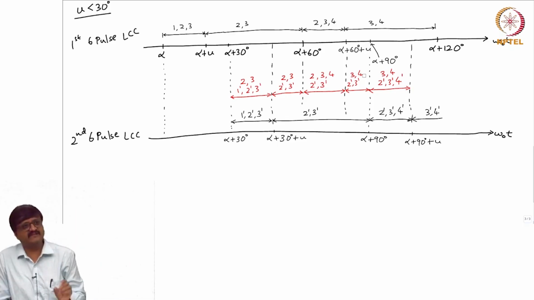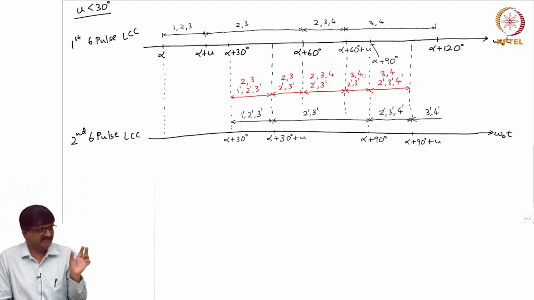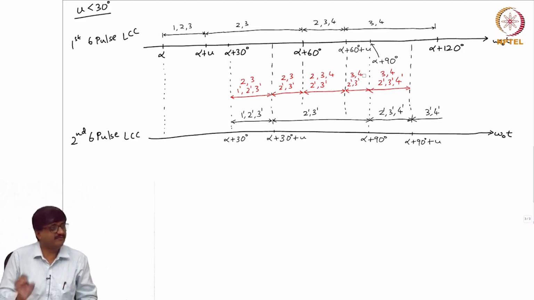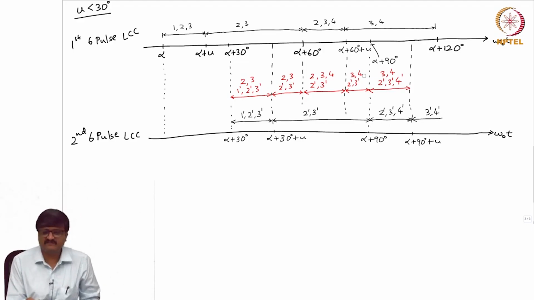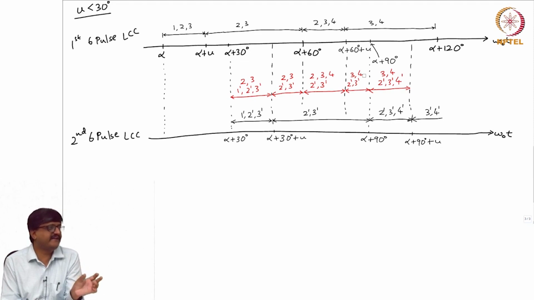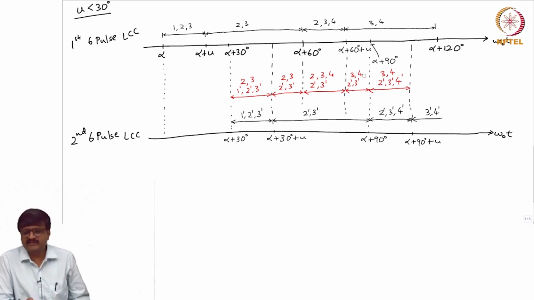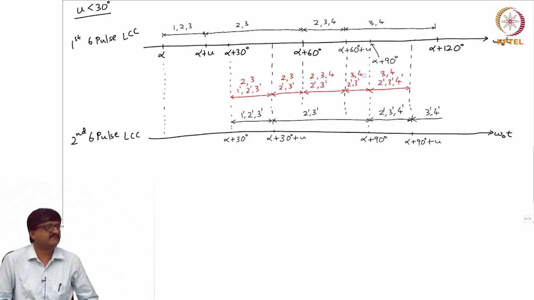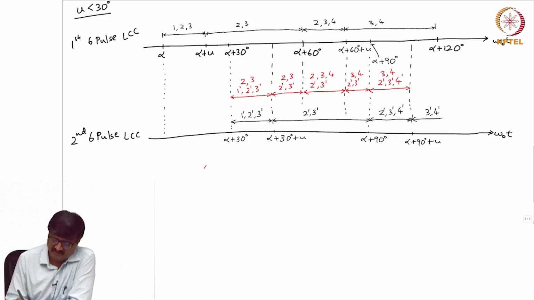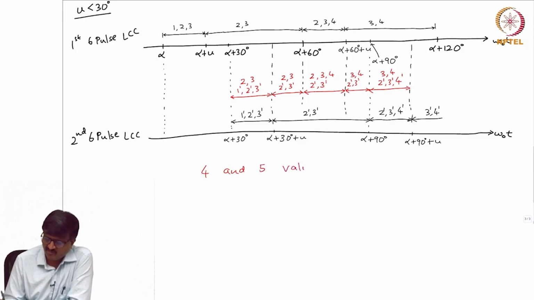In the 6 pulse LCC, the width of the interval is 60 degrees. Now, in the case of 12 pulse LCC, the width of the interval is 30 degrees. So, I can just look at any 30 degree interval and see the number of valves that conduct. Though I have shown for more than 30 degrees, at any instant either 4 valves conduct or 5 valves conduct. So, this is known as 4 and 5 valve conduction mode.